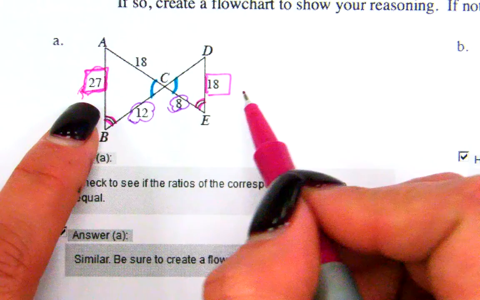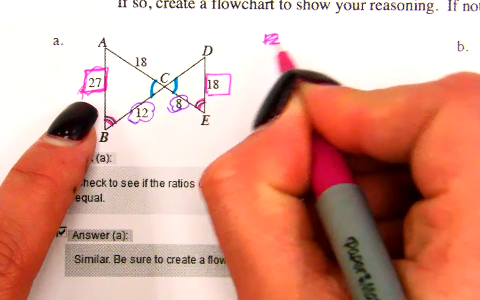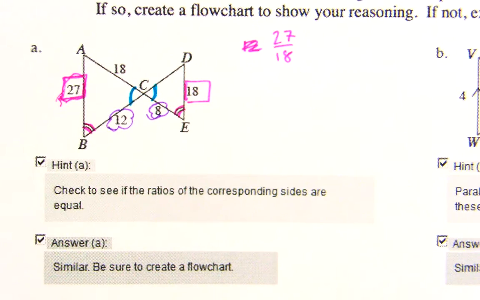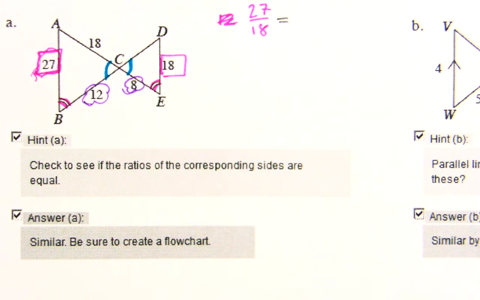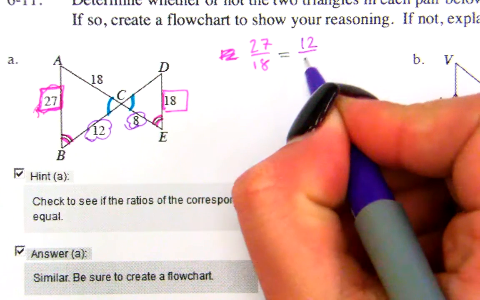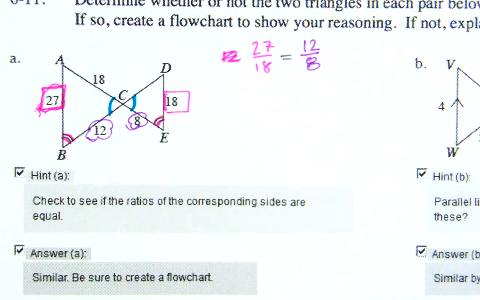Okay, check the ratio. Ratio means a fraction. So is 27 over 18 going to be equal to the two that I just did, which is 12 over 8? Hopefully this works out. Yeah, because B and E are the same. Okay, so let's check. 27 over 18, is that the same as 12 over 8?